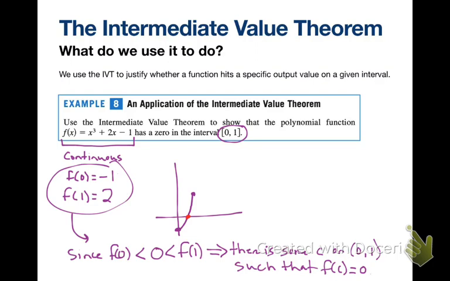This is what the intermediate value theorem does for us, at least in regards to AP calculus.